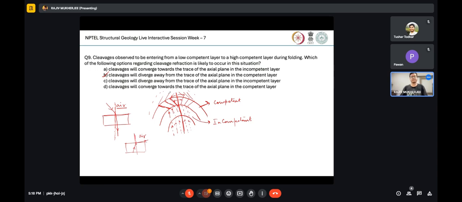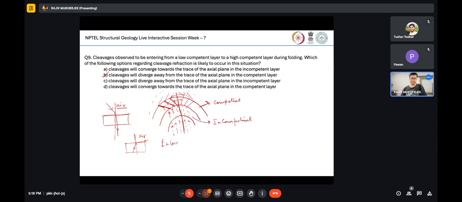So similarly, since it is going from incompetent to competent, so incompetent means it is soft and competent means it's hard. So the track will easily be diverted and it will go away from the axial plane. So entering from incompetent to competent, it will show divergence, diverging away from the axial plane.